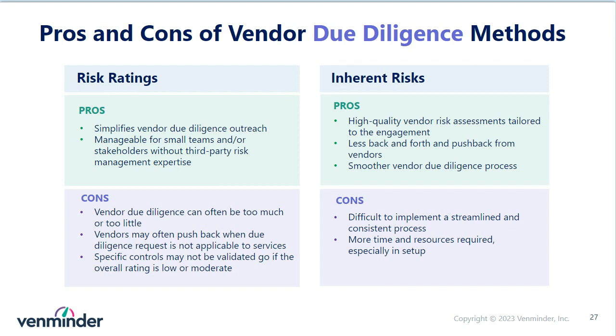Vendors will be more apt to push back when your request isn't really applicable to what they're doing for you, or there might be some factors that don't exactly drive a higher risk rating. There are still some things you want to do for a validation. For example, you have a vendor that provides an ancillary service to you that isn't critical, but they do really assist with getting leads or driving revenue in some way.